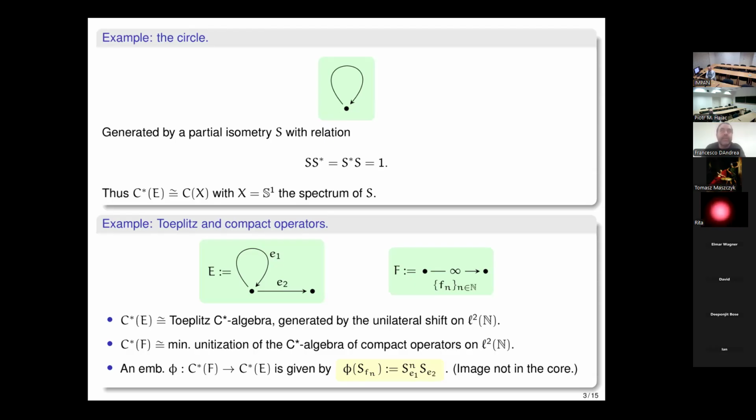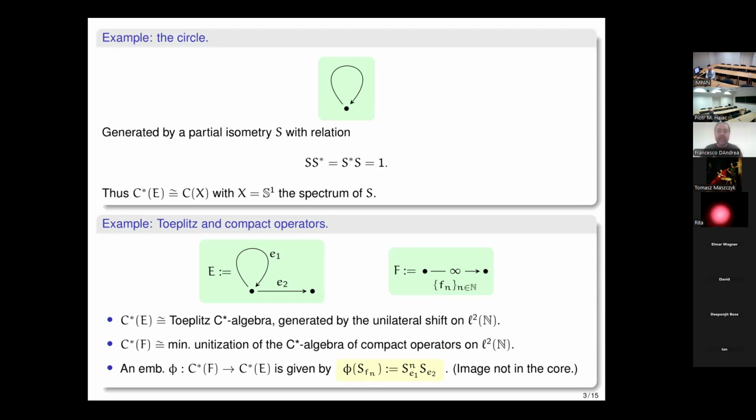So E is our finite graph, F is our amplified graph, and you have an embedding phi of C star of F in C star of E. This is defined on generators as follows. Here I denote all the partial isometries generated by a graph C star algebra by the same symbol S, but then the edges are denoted differently. So by looking at the edges, you should understand to which C star algebra this isometry belongs.